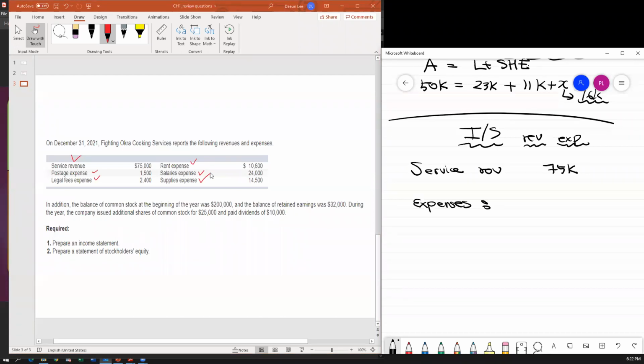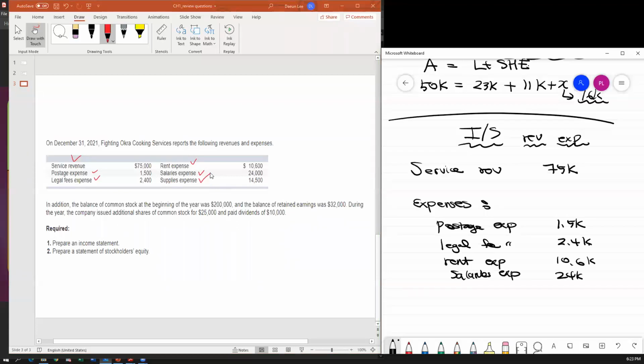Under expenses, we have postage expenses by 1.5K, legal fees expenses by 2.4K, rent expenses by 10.6K, salaries expenses 24K, and the last item is supplies expenses by 14.5K.